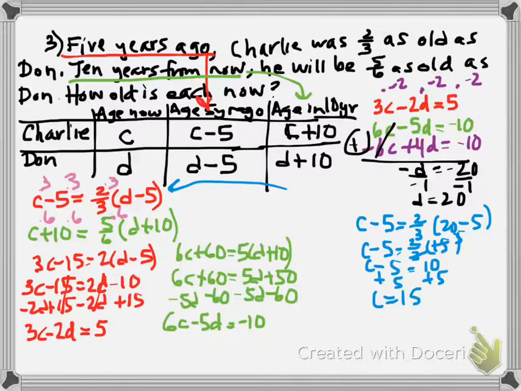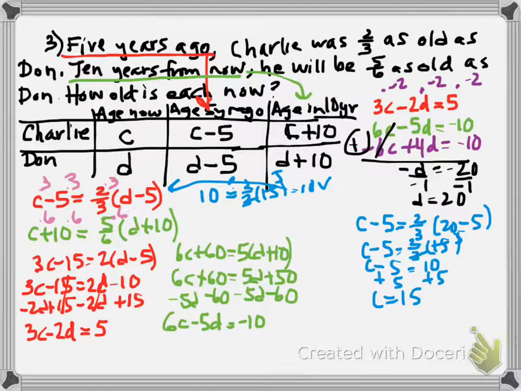So I'm going to do a little testing here. 5 years ago, Charlie would have been 10, and Don would have been 15. Is 10 2/3 of 15? And the answer is yes.